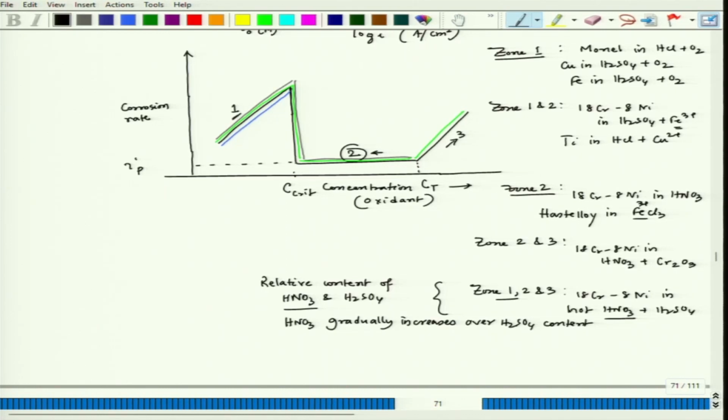Now, it is very important for passivity: these situations are typical for active passive metals. And in the case of active passive metals, it is better to stay at zone 2. In that case, it can provide very good protection, because passive is the lowest corrosion rate observed in the case of active passive metals.